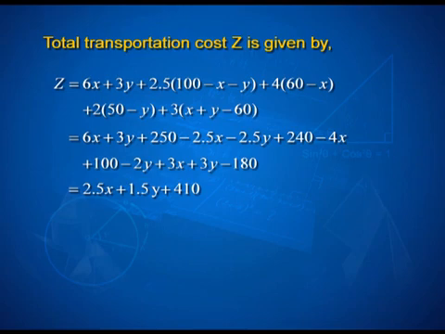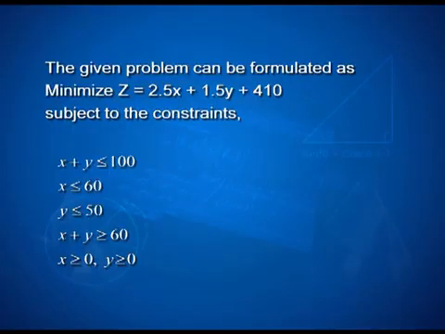And therefore, we are ready for formulating, listing down the entire problem as we want to minimize z, which is the transport cost. In this case, 2.5 times x plus 1.5 times y plus 410, subject to the 6 constraints that we figured out, of which of course 2 are the non-negative restrictions.